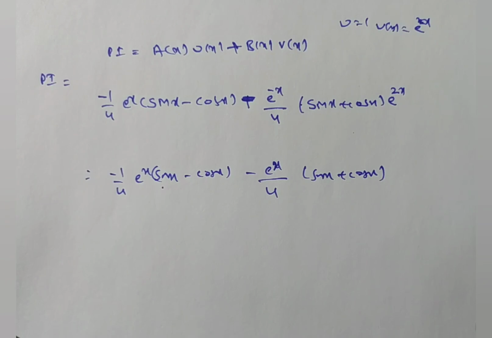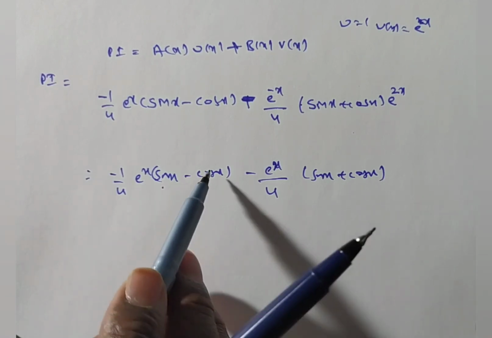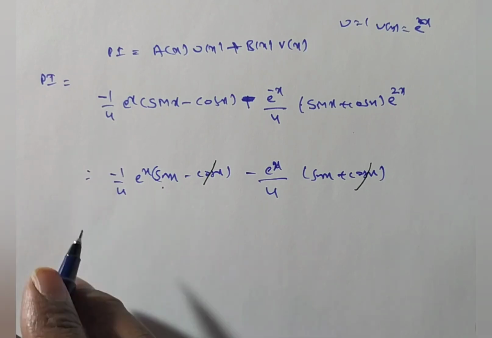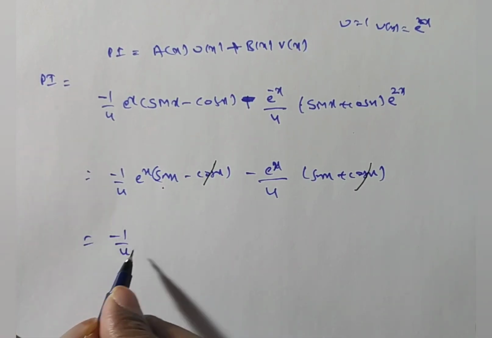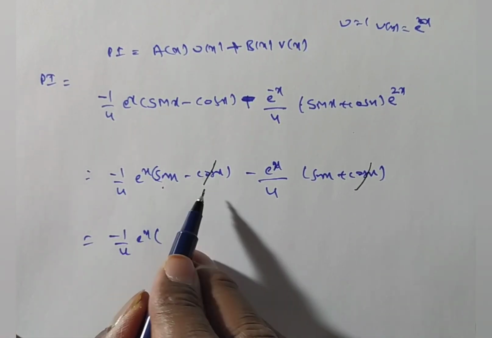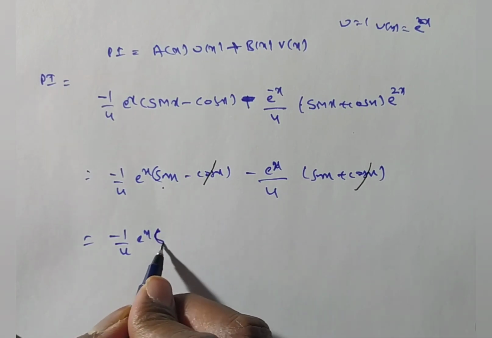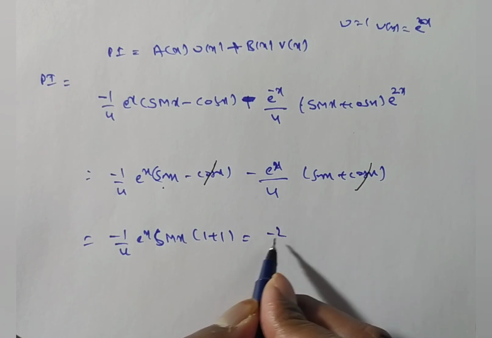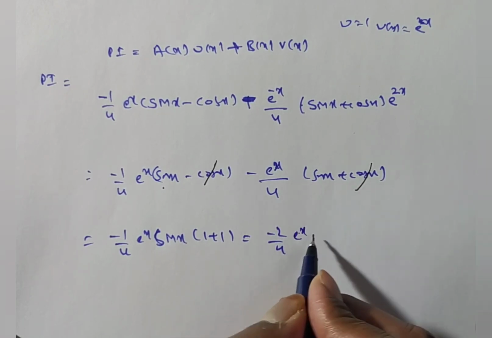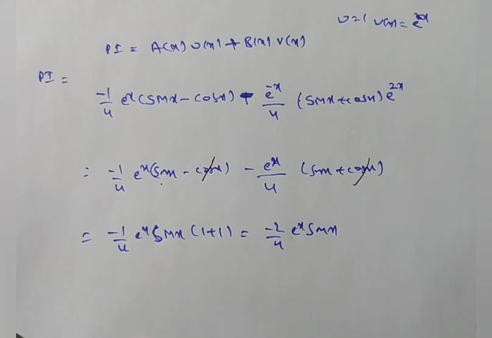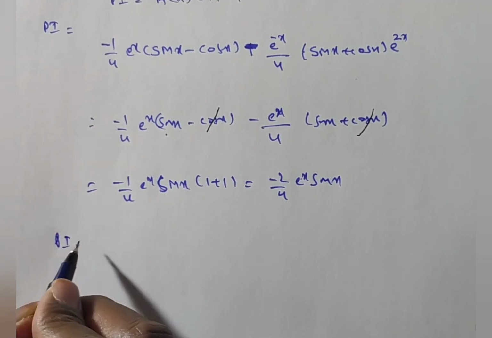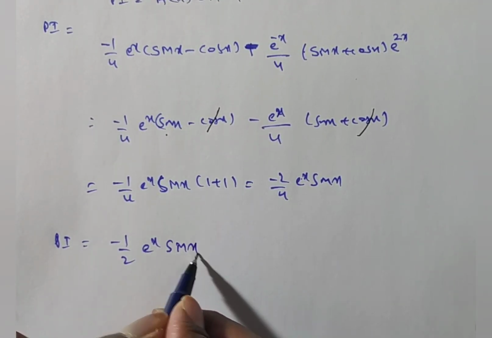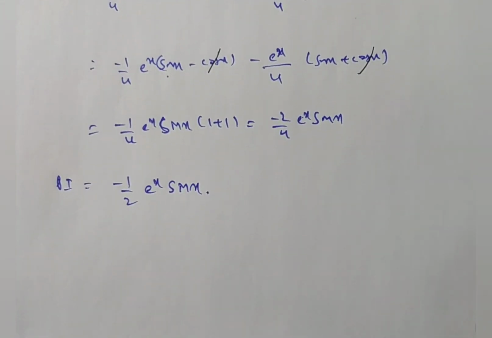So minus cosine x plus cosine x will be getting cancelled. Then you see minus 1 by 4 times e power x is common, then you will have sin x plus sin x. So sin x is also common, so 1 plus 1, nothing but minus 2 by 4 times e to the power of x into sin x. That is, the particular integral in this case is minus 1 by 2 times e power x into sin x. Now we have the particular integral.